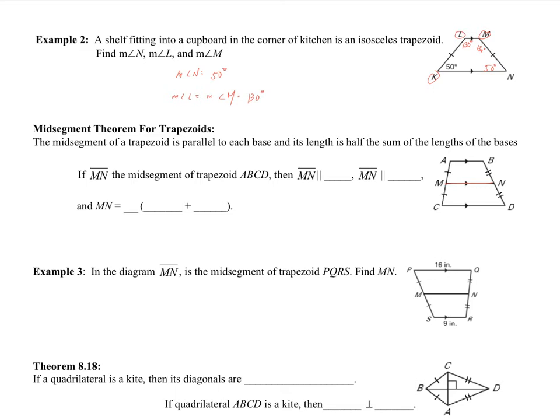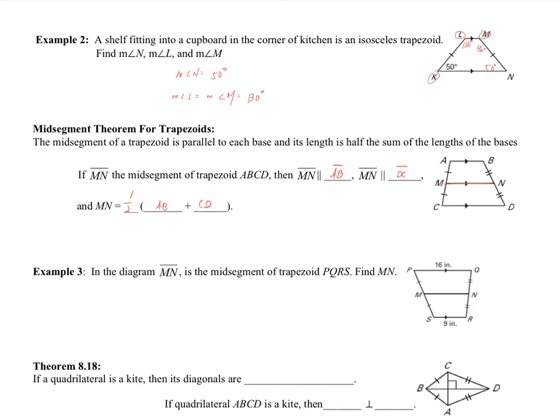So again, if segment MN is a mid-segment of trapezoid ABCD, then MN is parallel to AB, and MN is also parallel to DC, and MN is half the sum of AB plus CD. I'm not going to summarize the proof here because it's actually pretty long. I would like you to pause the video and take a moment to preview the proof from my website.